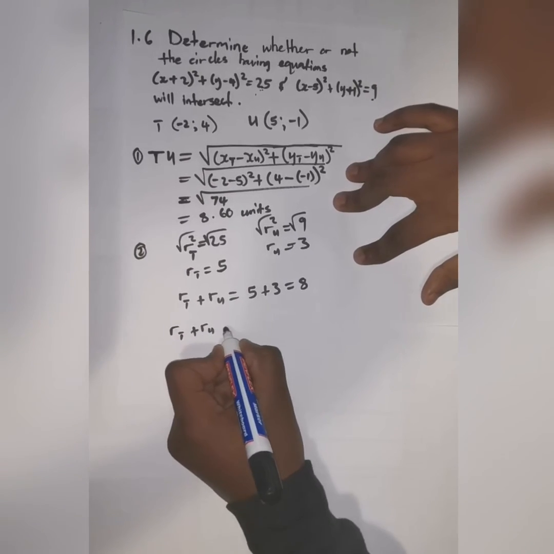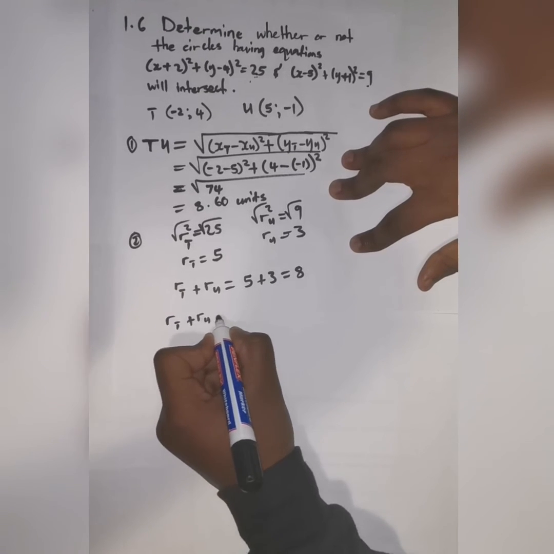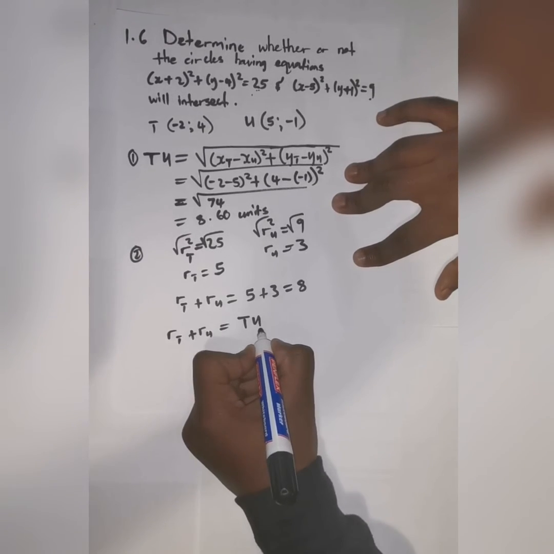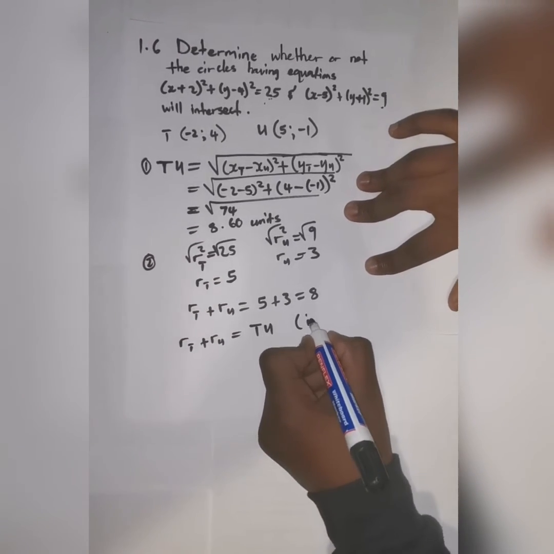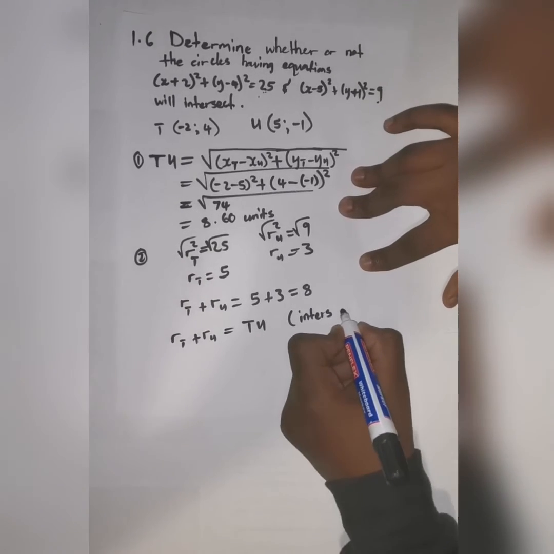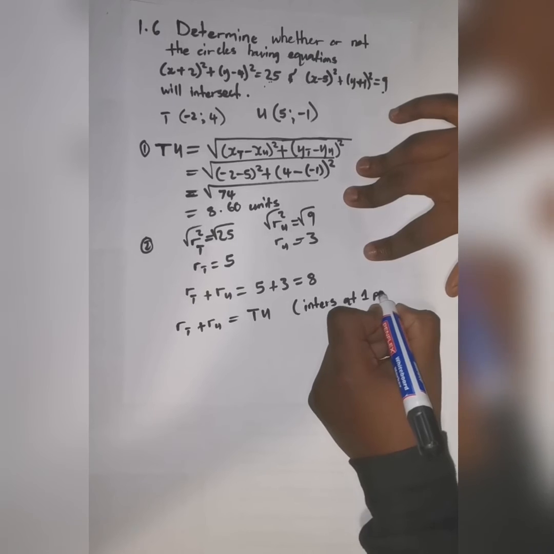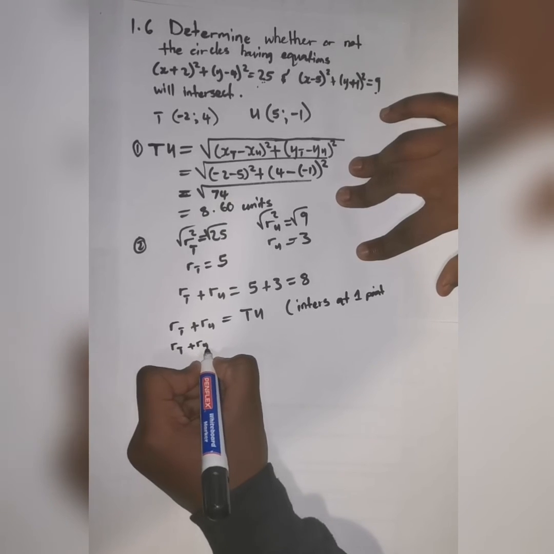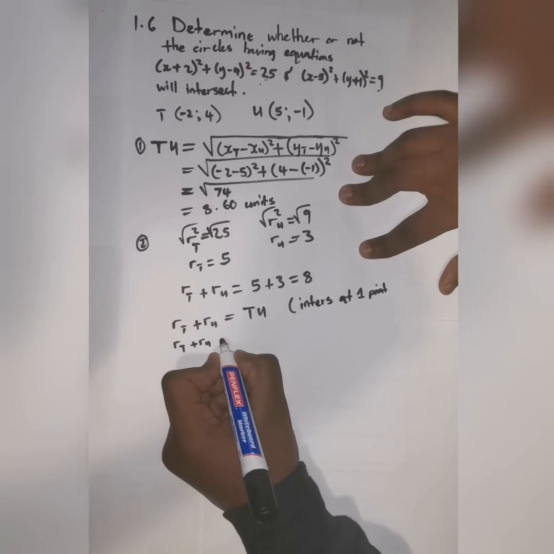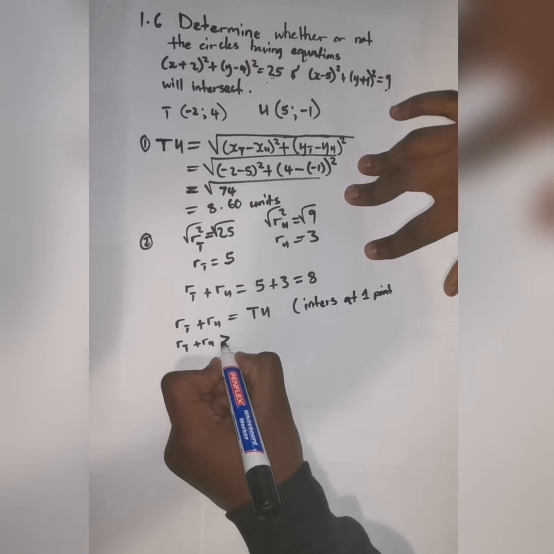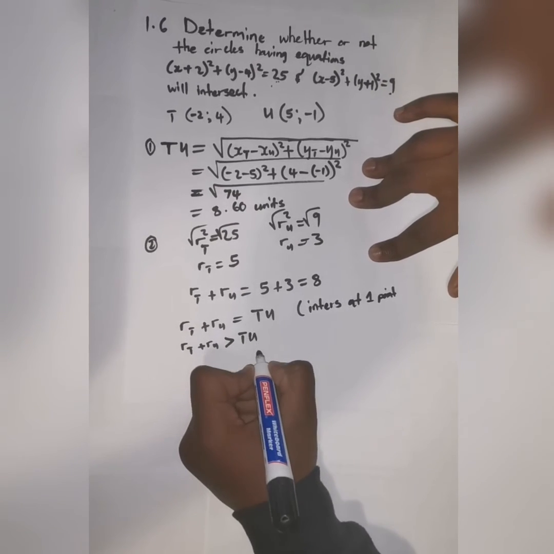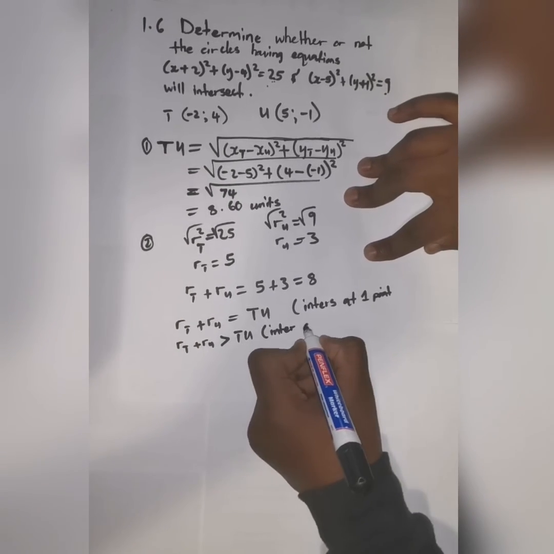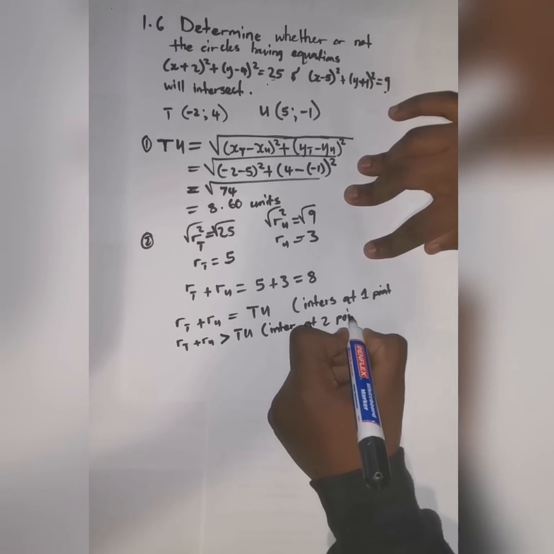If RT plus RU is equal to TU, they intersect at 1 point. If RT plus RU is greater than the distance between them, they intersect at 2 points.